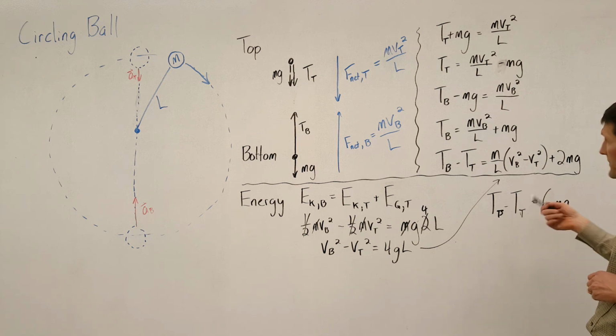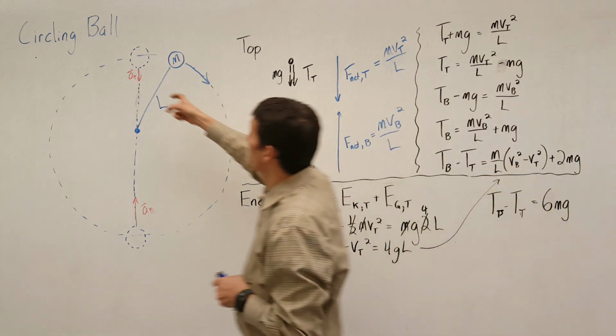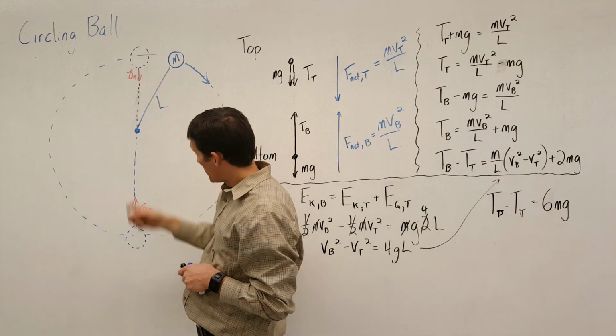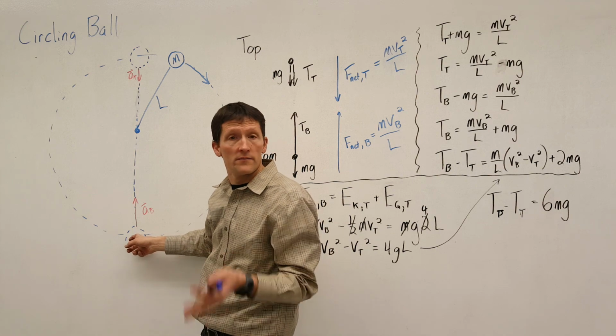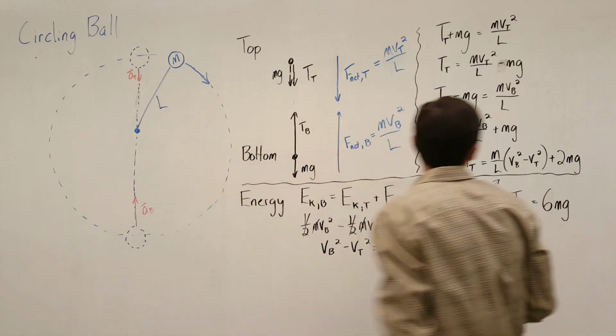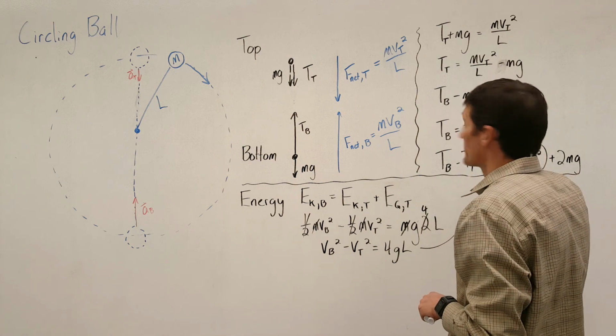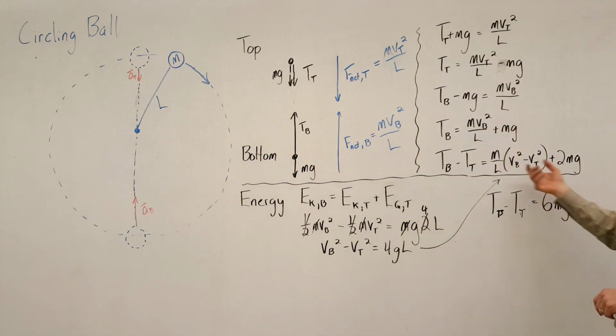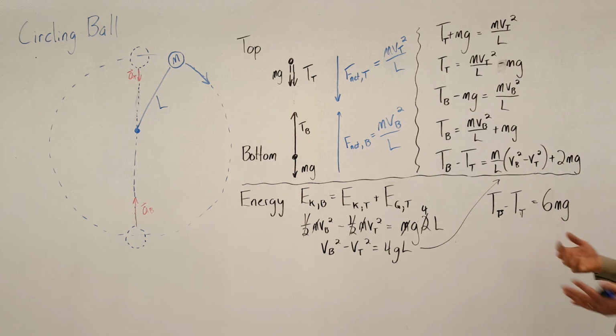One of them is that the speed of the ball at the top or at the bottom doesn't matter. It's actually only the difference in the speeds squared that matters, and that is only related to gravity.